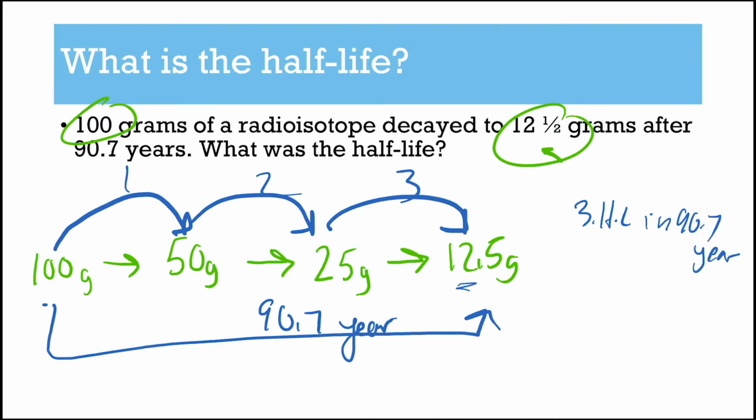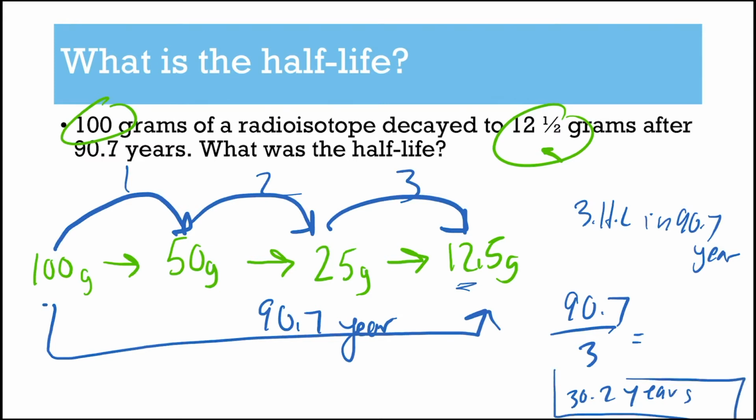So what that means is that we want to figure out how long 1 half-life is. So you do 90.7 divided by 3, and you get 30.2 years is 1 half-life. Again, not super complicated equations. It's kind of a number line and cutting things in half.